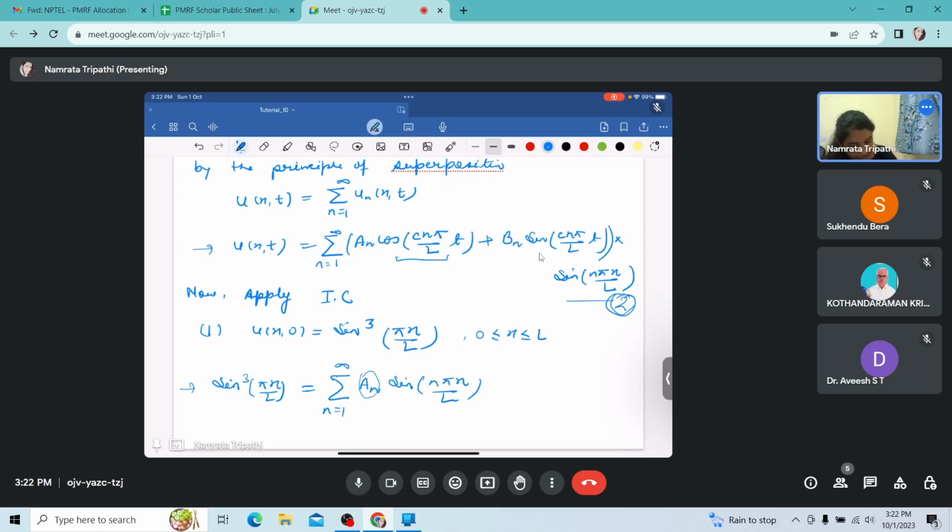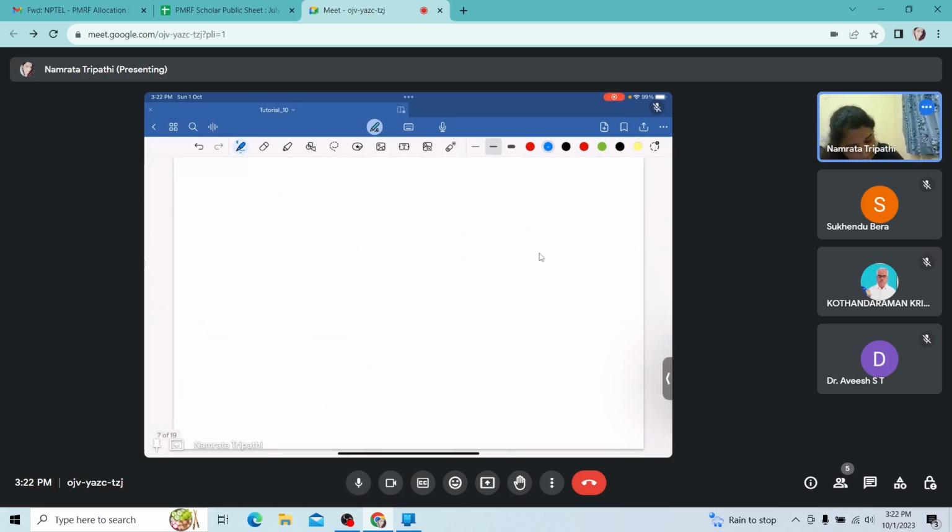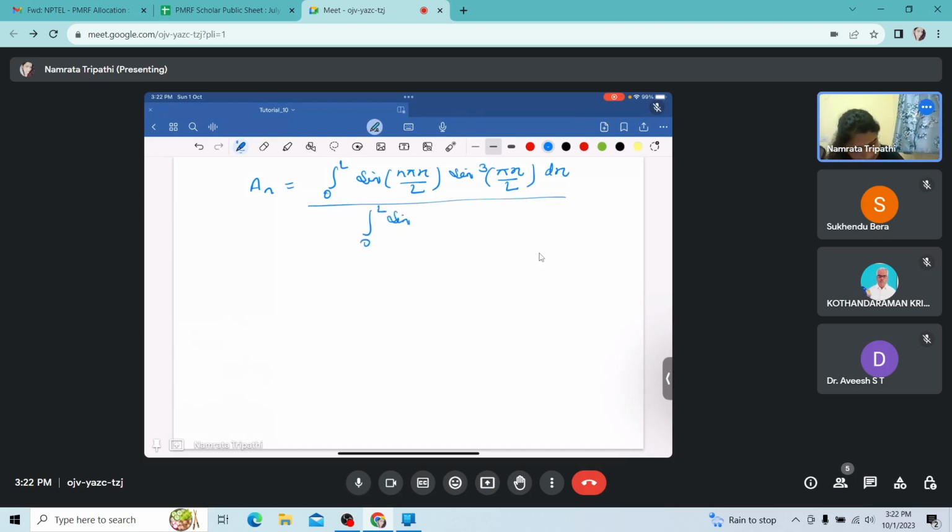The integral of this into this upon, let me write, the integral from 0 to L. You can calculate the integration.